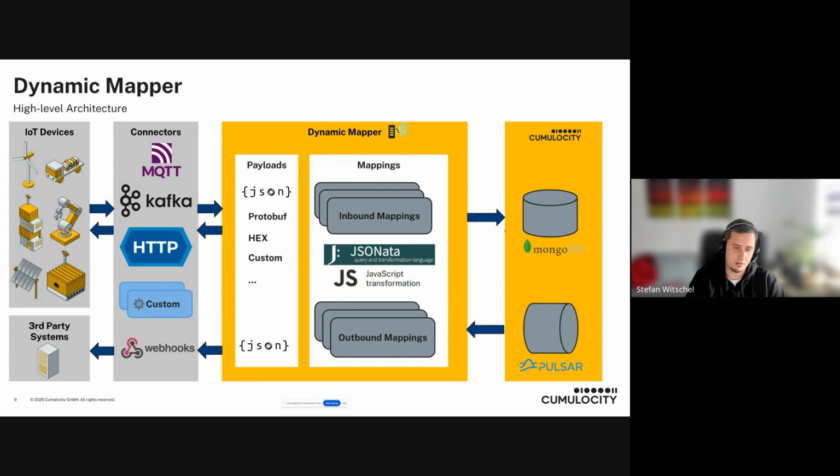Inbound mappings are mainly to get data into Cumulocity, and outbound mappings mean getting data out of Cumulocity somewhere else. And in between, we heavily leverage two ways you can define mappings. First of all, it's a graphical way, but graphical is not always sufficient. Sometimes you also need to provide some basic expressions, I would say. And here we use the expression language called JSONata to do that kind of expressions in the graphical way.